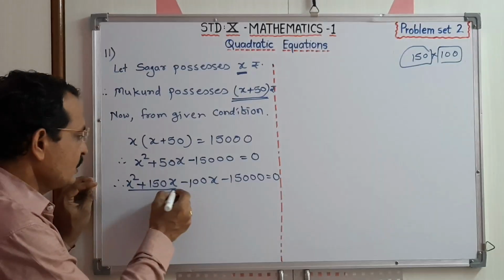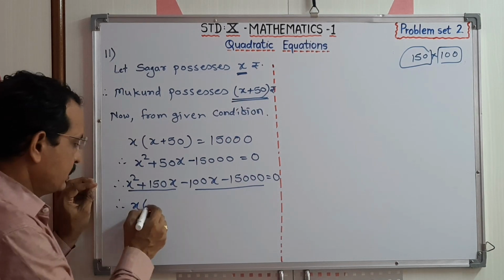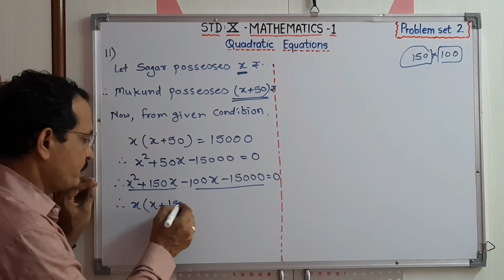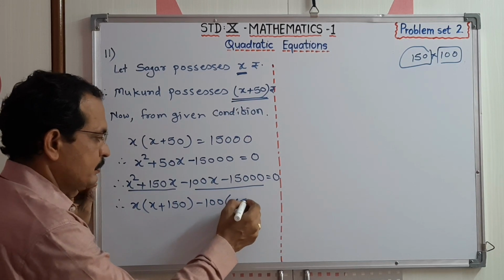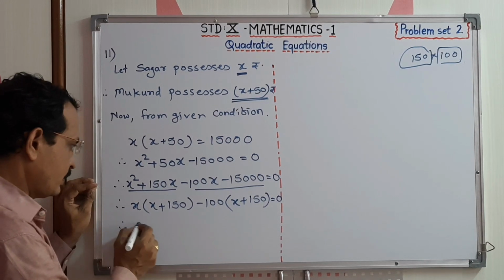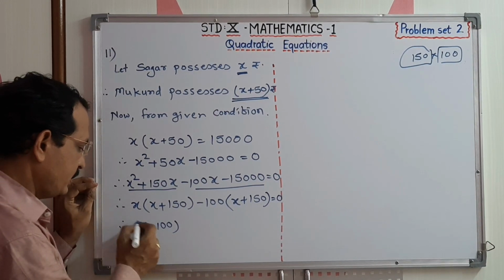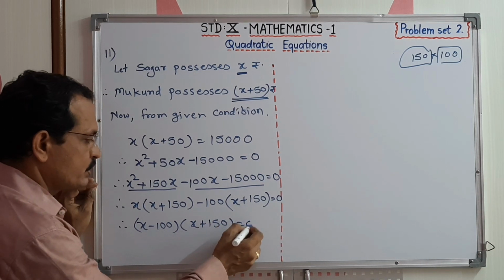Now, very easy, we can take out the common factor. It is x plus 150 minus 100 into x plus 150 is equal to 0. Therefore x minus 100 in the first bracket and x plus 150 is equal to 0.